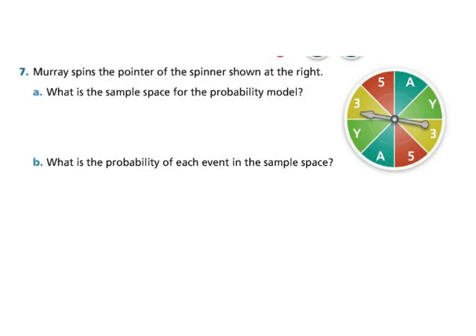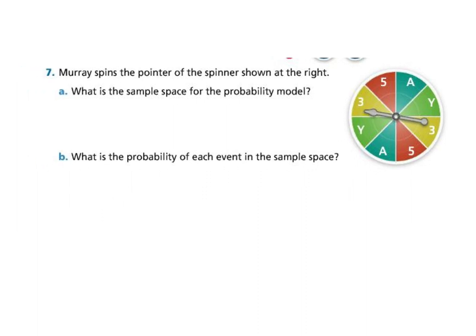Murray spins the pointer of the spinner shown at the right. What is the sample space for the probability model? Okay, remember, sample space is what you see when you look at that spinner. So I'm going to go ahead and write my sample space, which would be my A, Y, 3, 5, A, and so on.